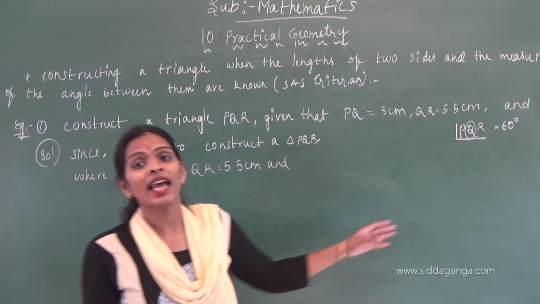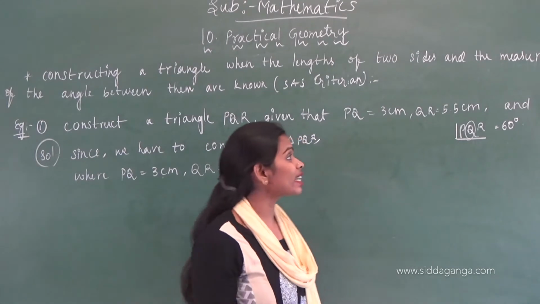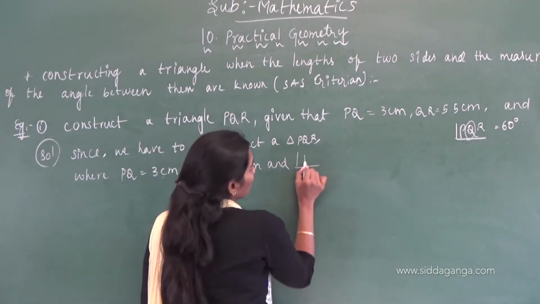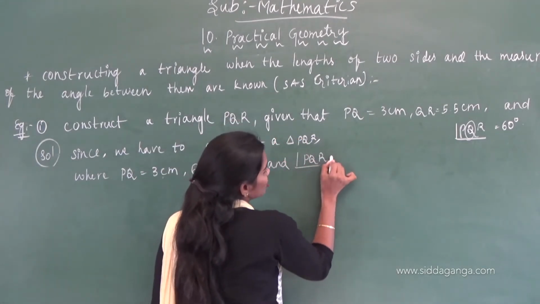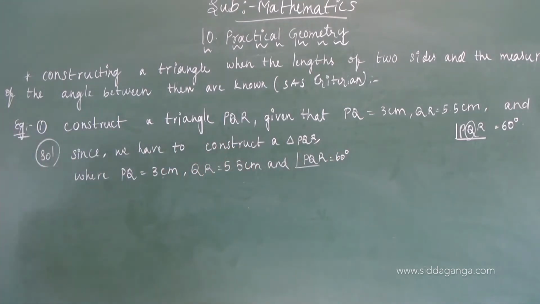What is it? Angle PQR equals 60 degrees.